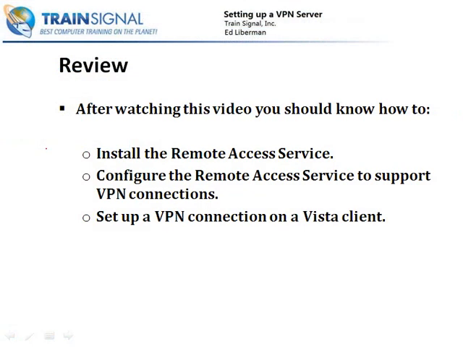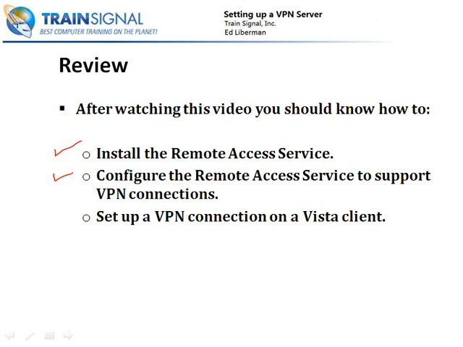All right, well, that's how you set up a VPN server. At this point, you should know how to follow some really simple wizards. Now, you should know how to install the remote access service, which is really a role service included within the network policy and access services role. You should know how to configure the remote access service to support VPN connections.